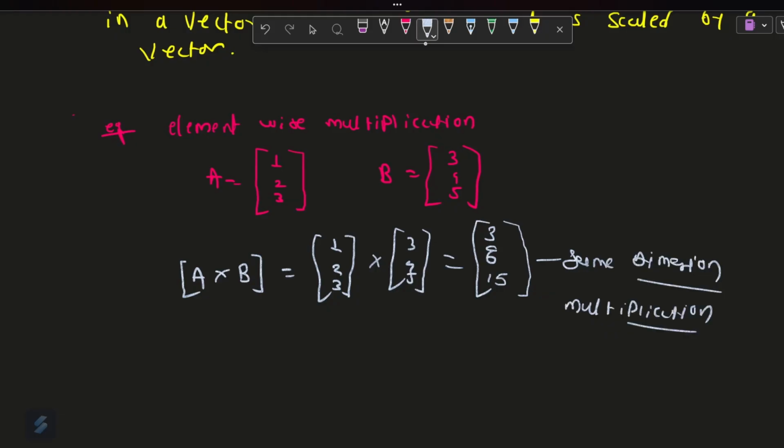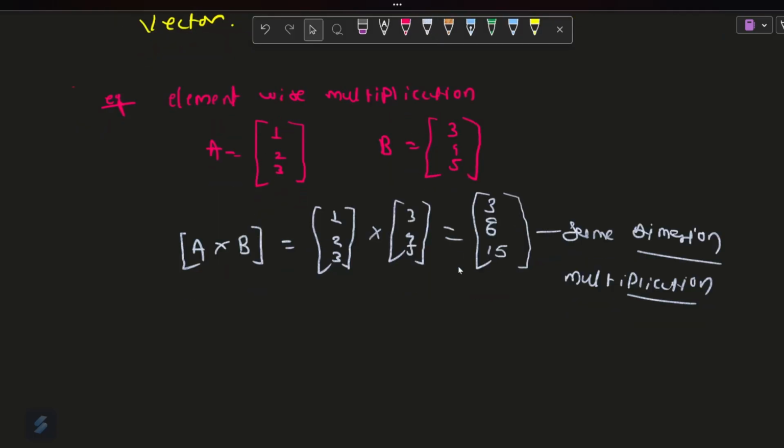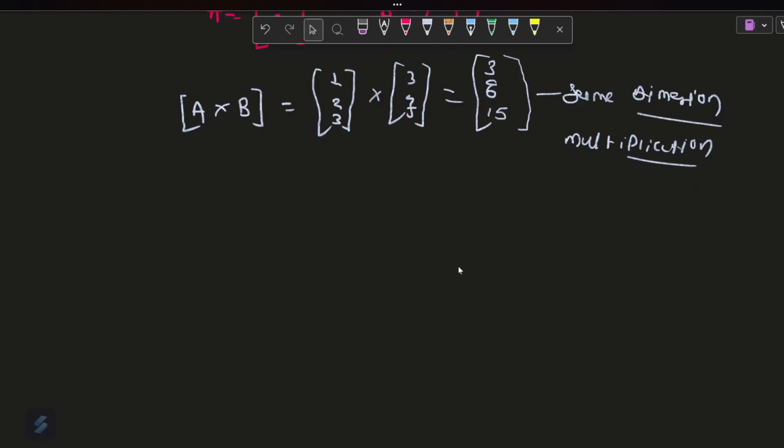Talking about the application in data science, it is useful in feature engineering.